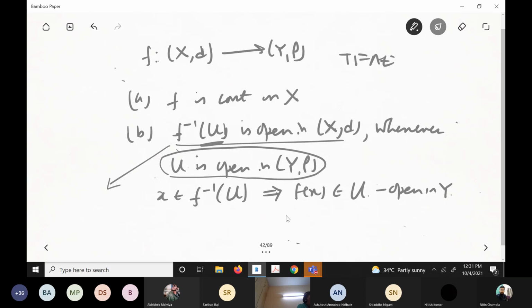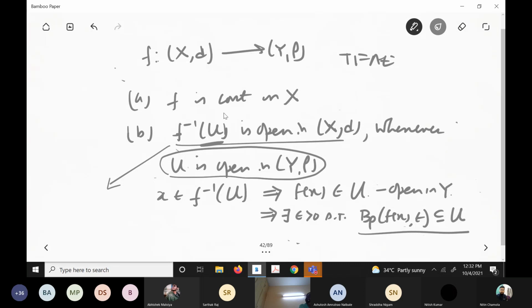So by this, f(x) belongs to U. Now it implies there exists, I am taking epsilon, you could take r also, such that B_rho(f(x), epsilon) is contained in U. Okay. But this means what? Look, you are done basically. Okay.